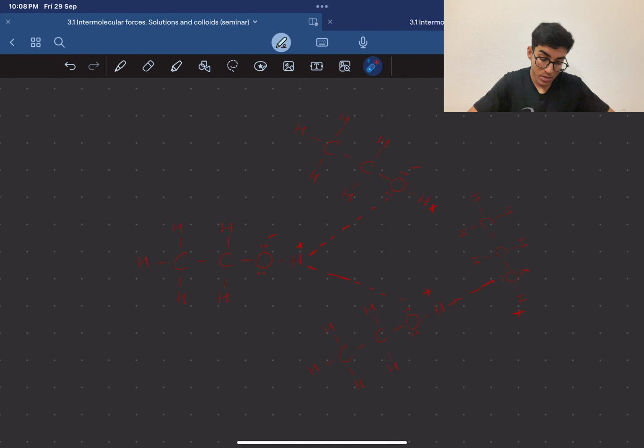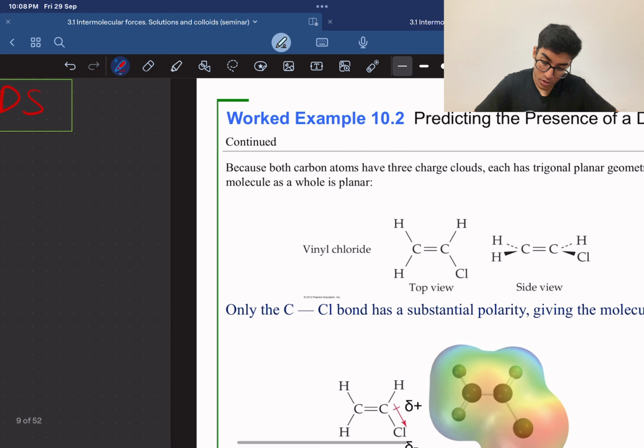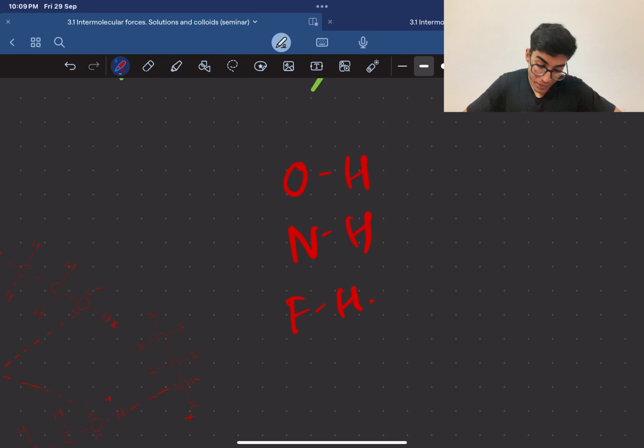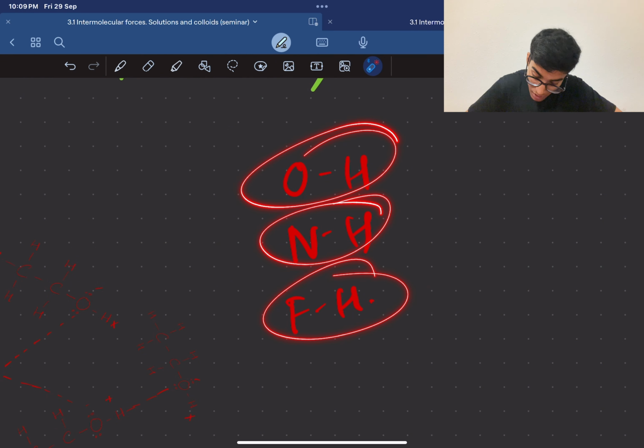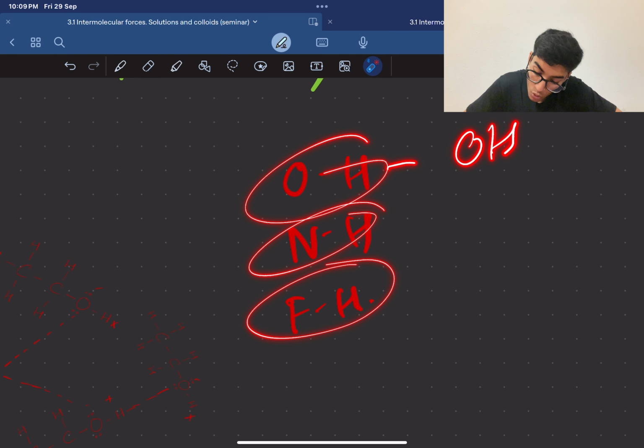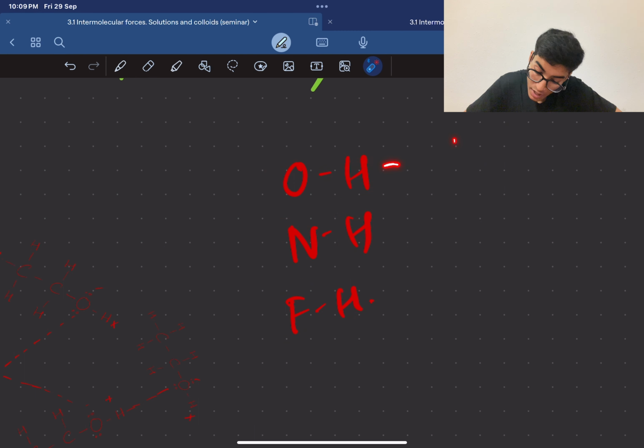What do I mean by this? Let me show you over here. Let me make this a little fat. OH, NH, FH. When we have this condition, only then will they attract another OH or another NH or another FH.